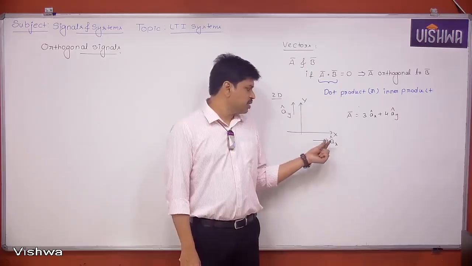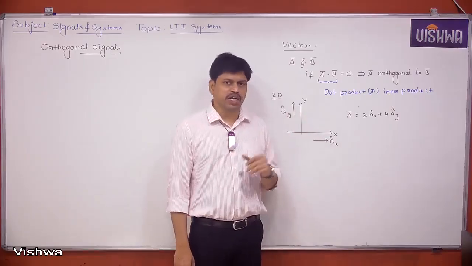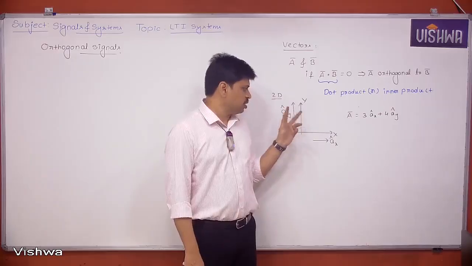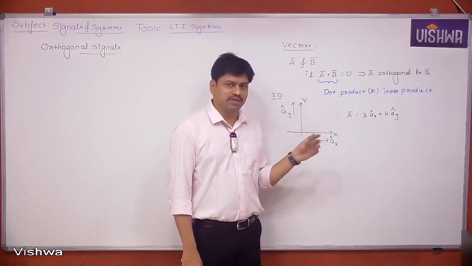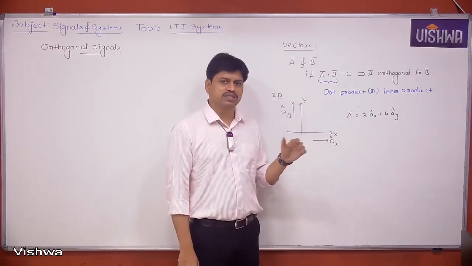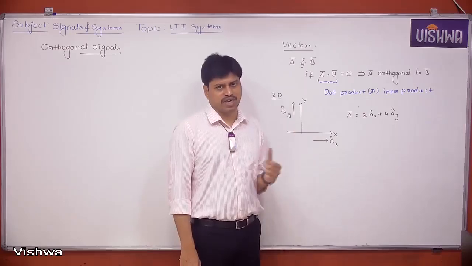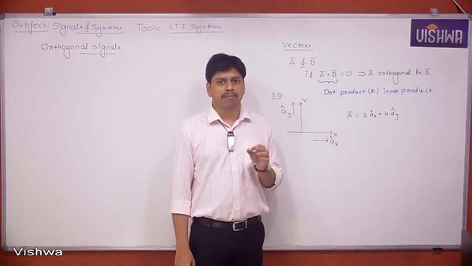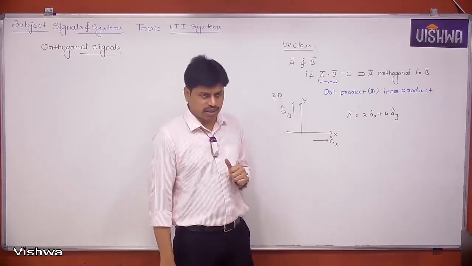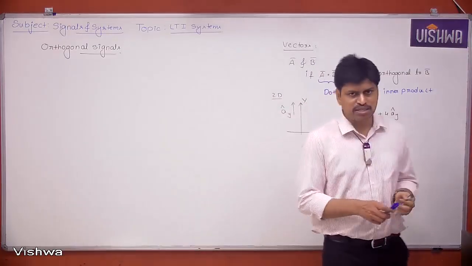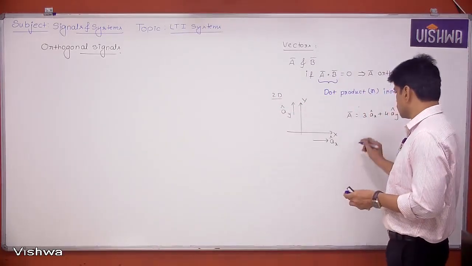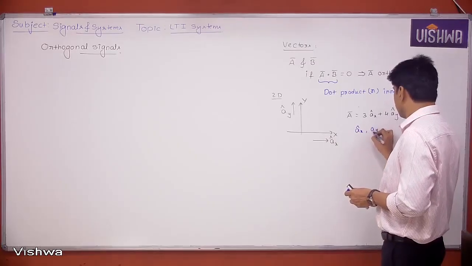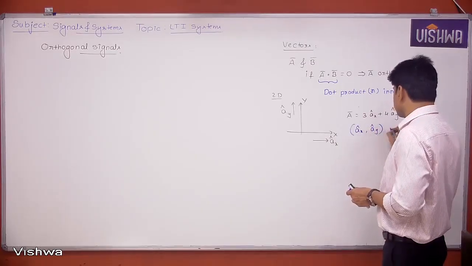That means ax cap and ay cap must be orthogonal. I hope you understood. If this condition is satisfied, then we can write any vector in terms of ax cap and ay cap. Now we can call ax cap and ay cap base vectors.